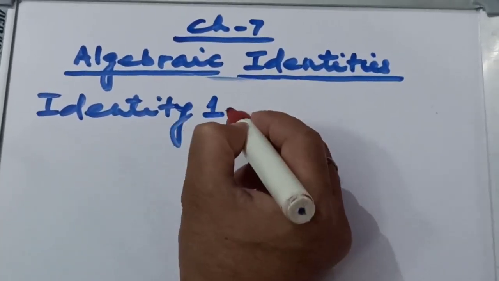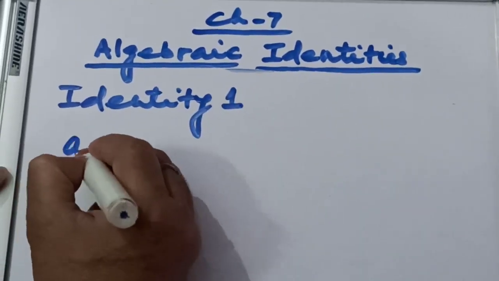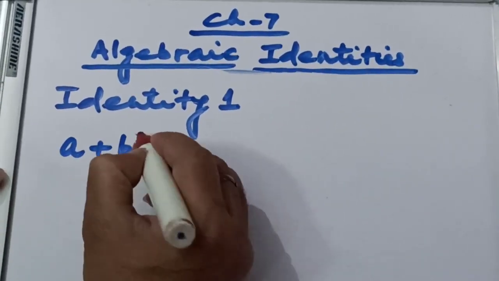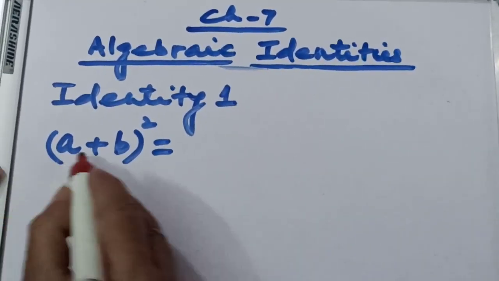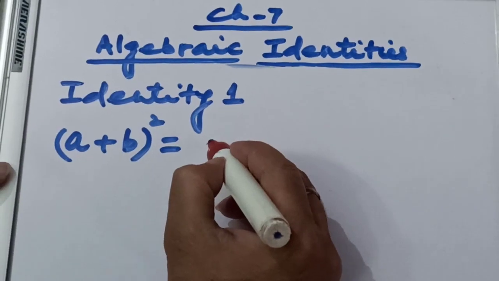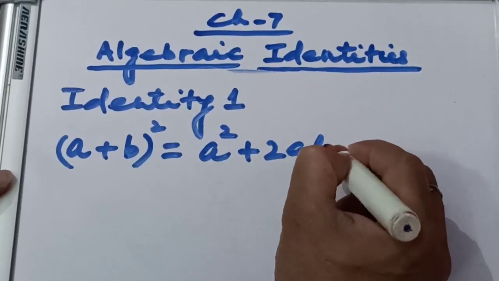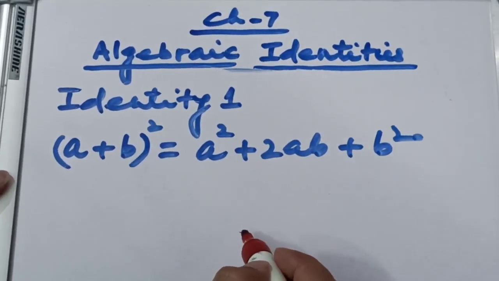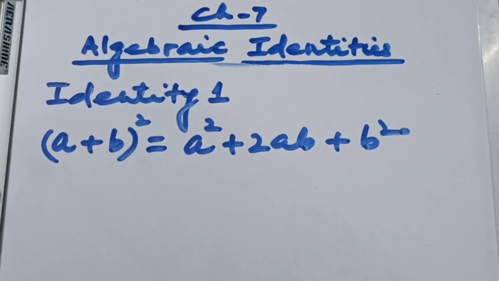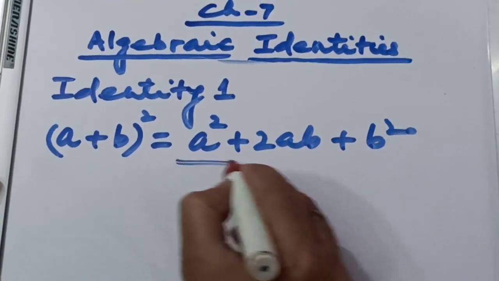One. Identity 1 means a plus b का whole square. The formula of a plus b का whole square, as you know, is a square plus 2ab plus b square. But here we will discuss how this formula is formed.